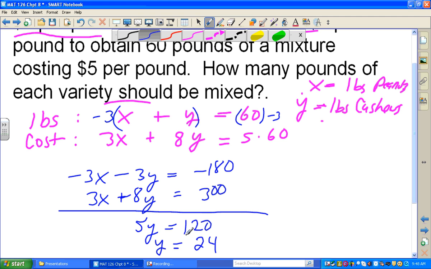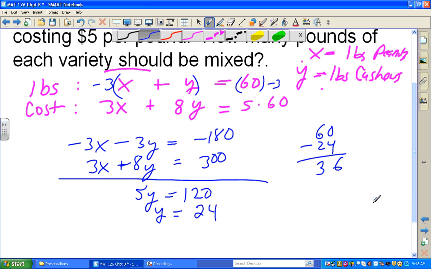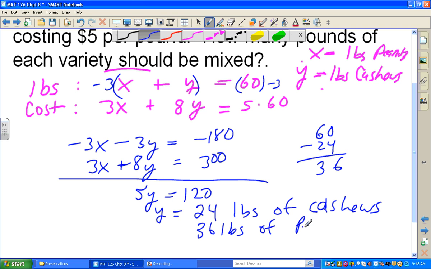Yeah. Nice. y is 24. And go back to the original: 60 minus 24 is 36. So 24 pounds of cashews, and 36 pounds of peanuts.